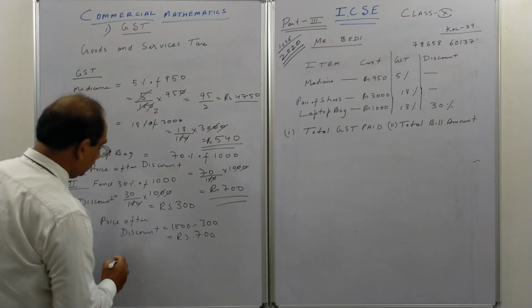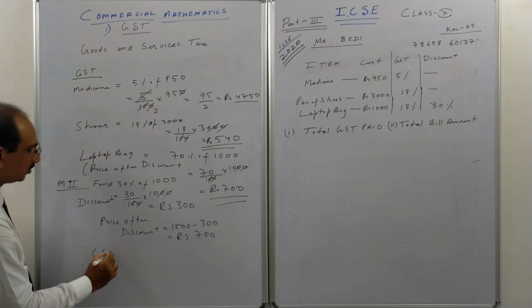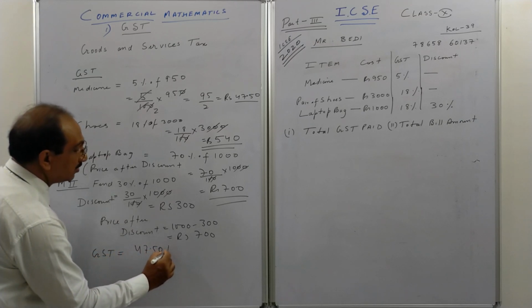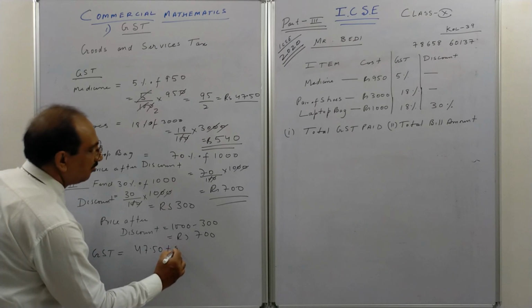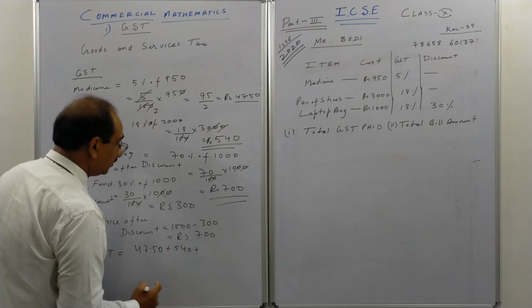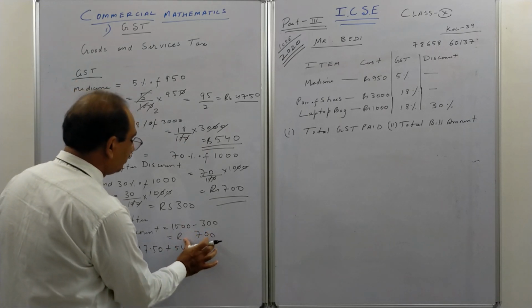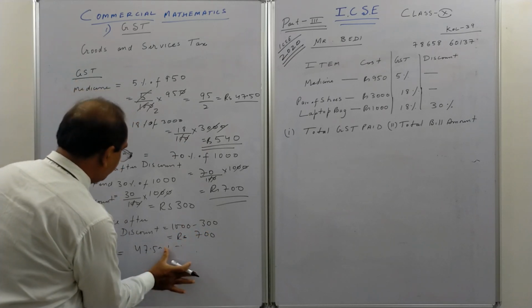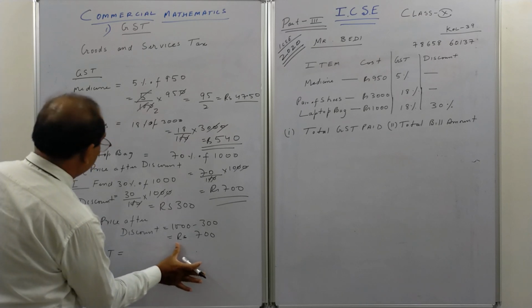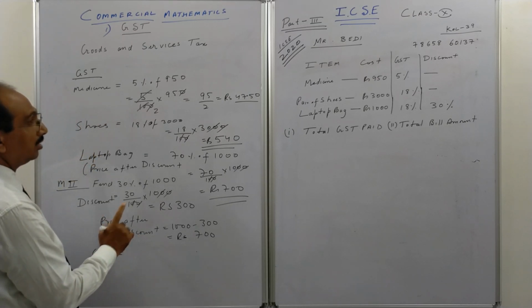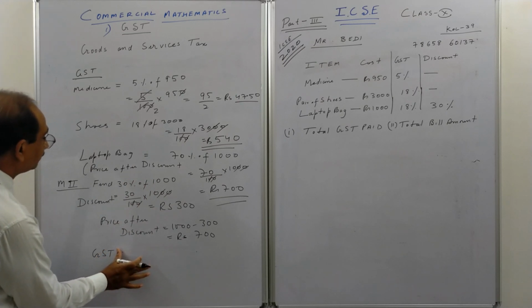Okay. Then you add all the GST. So total GST is 47.50 plus 540 plus. Here I have not calculated yet. This is the price after discount. So first I have to find the GST on the laptop bag.